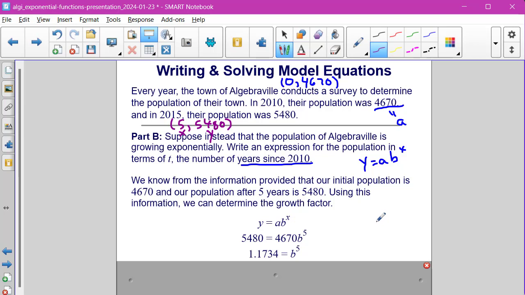1.1734. And now some of you may be asking, well, I've got this variable raised to the fifth power. How do I solve this? There are actually two ways to approach it. One way is to think about when you're solving, say, x squared is equal to some number, I'll just call it w. We take the square root of both sides, right?